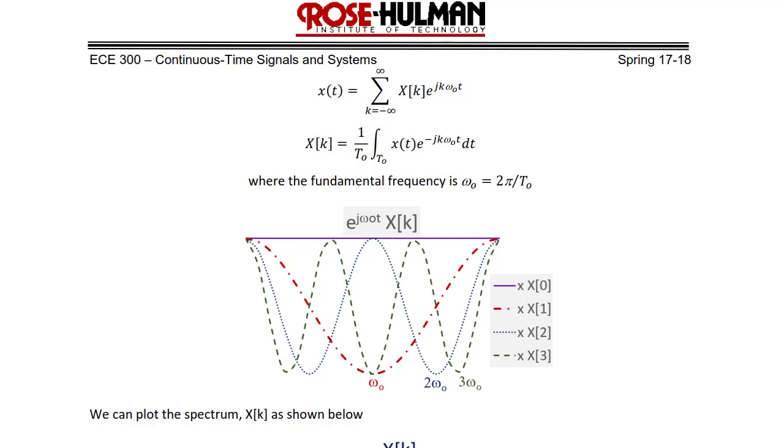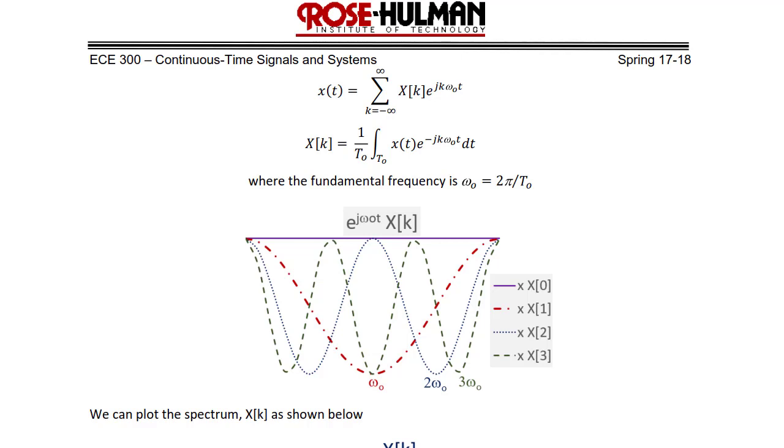So here we show a graphic of e^(jkω₀t) X[k], where you notice every increasing harmonic is a different sinusoid, and they're all scaled by some value of X[k], where the DC value would be multiplied by X[0], and then the first harmonic would be scaled by X[1], the second by X[2], and the third by X[3], and so on.